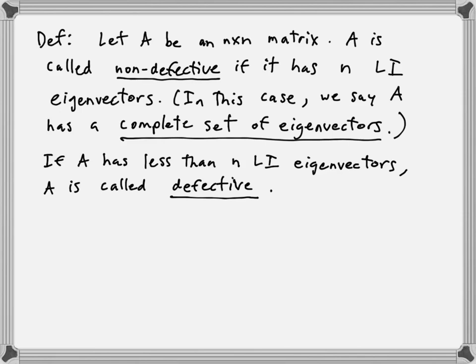Okay, so this is our definition. This leads us to another definition, right? We know that if you have n linearly independent vectors in Cn, these form a basis for Cn, right? And so we need another definition.